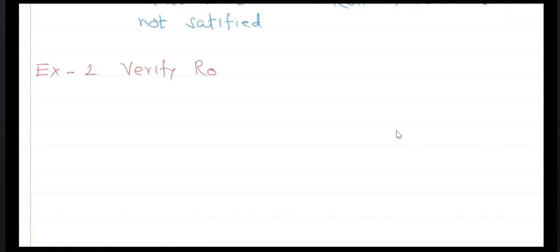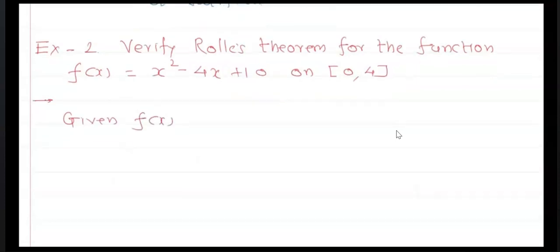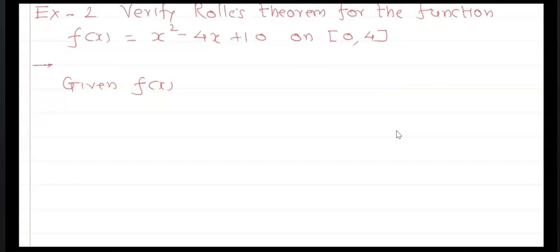Example number 2. Verify Rolle's theorem for the function f of x is equal to x square minus 4x plus 10 on the closed interval 0 to 4.